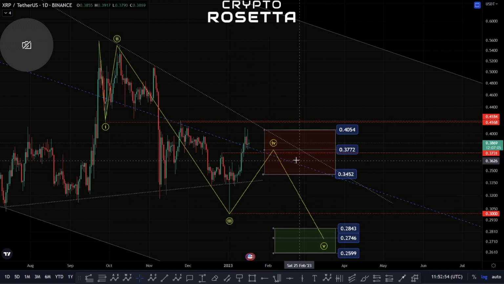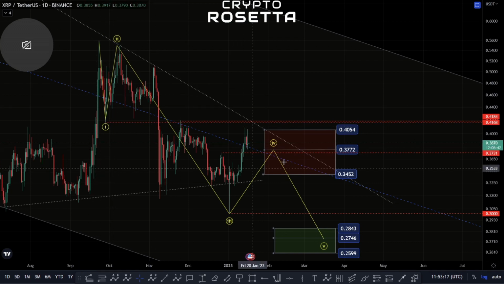I'd want it to actually progress into something else if this is going to be the case, because I'd want to see a different structure play out here, whether it would be a triangle or basically we come back down and form a bigger corrective structure in this 4th wave location. I'm not very happy with its current structure as a zigzag if it's going to be compared with this.